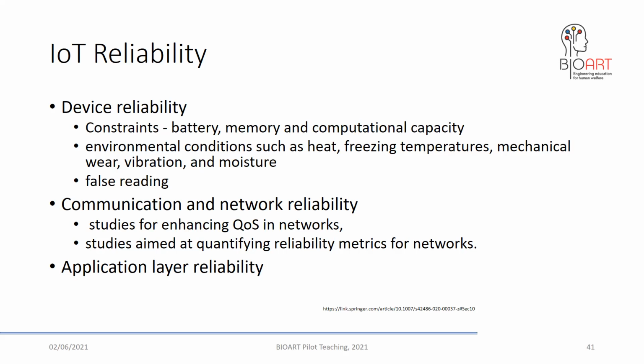In these cases, we are talking about device reliability, communication and network reliability, and reliability of the application level. The most important, as I was telling in the beginning of my lecture, for an IoT system is device reliability, and it mainly deals with the constraints of the devices. These constraints are battery, memory, and computational capacity.